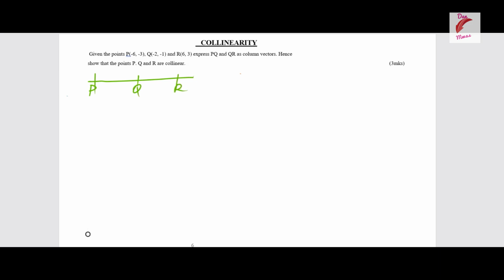So when you're showing that these points are collinear, we simply want to show that the points lie on the same straight line. So that is the meaning of collinearity.